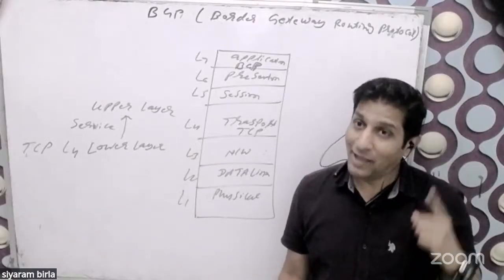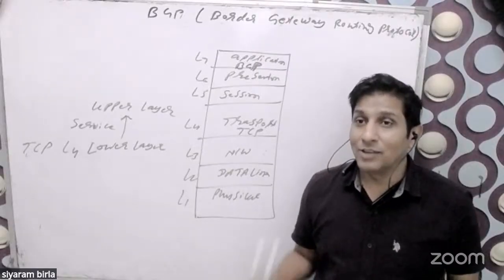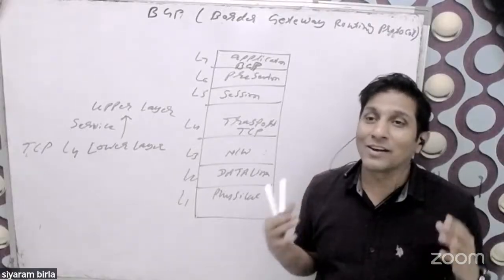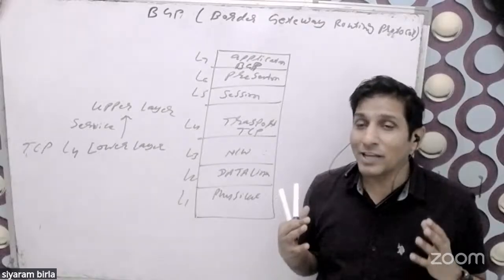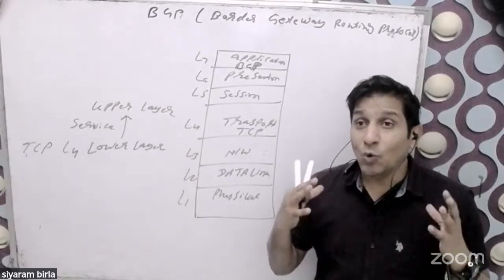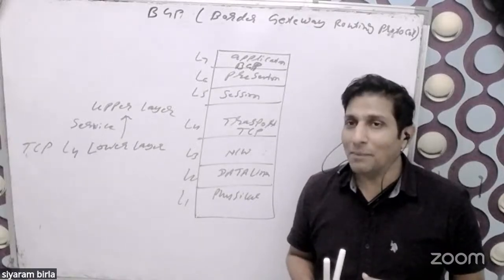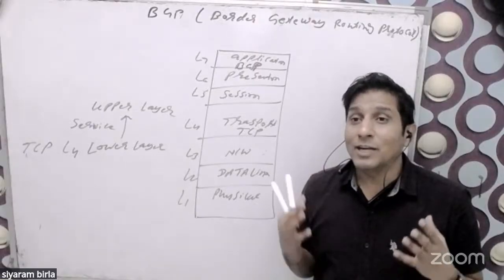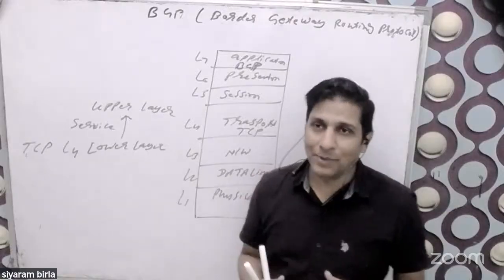The company knows only our employee ID. Similarly in the network, the router, PC, they don't know BGP. They know the protocol number. What is the protocol number? Without the protocol number, the network cannot identify the protocol or the application.